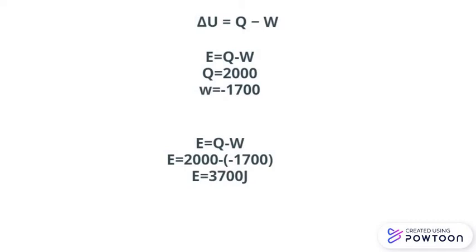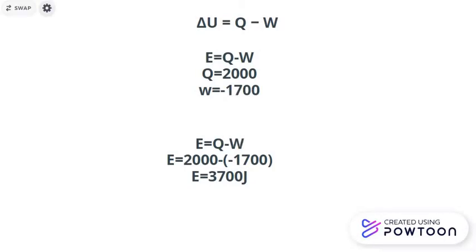So how do we solve the problem? We need to use the formula delta U is equal to Q minus W. Q is equal to 2000 and W is equal to negative 1700, where U is energy, Q is heat, and W is work. Why is the work negative 1700?